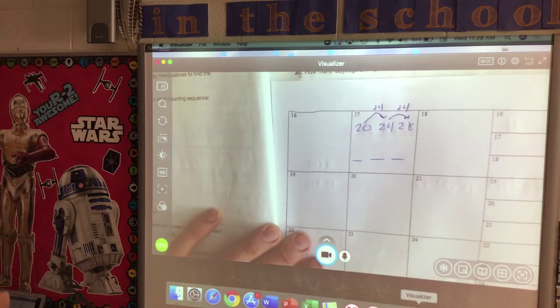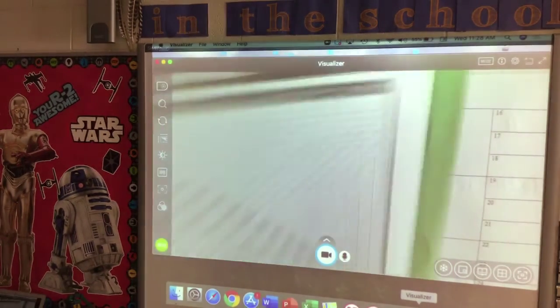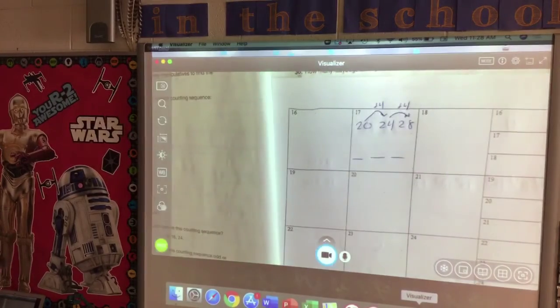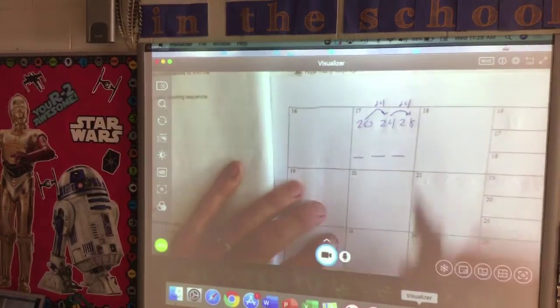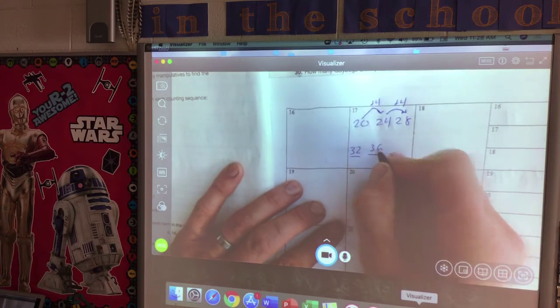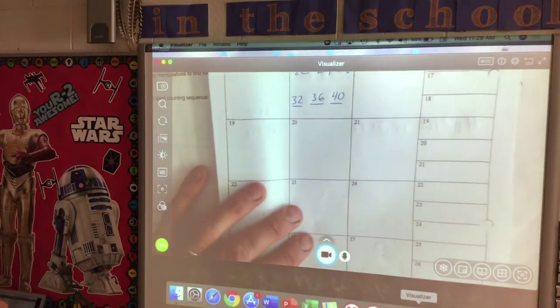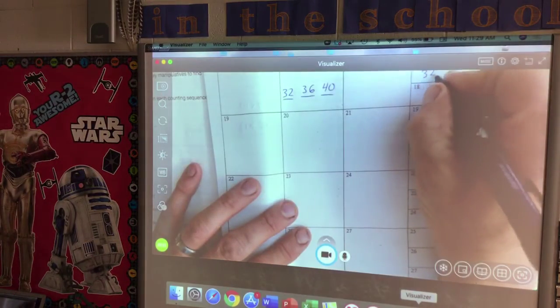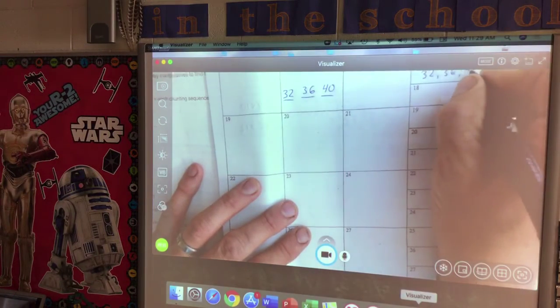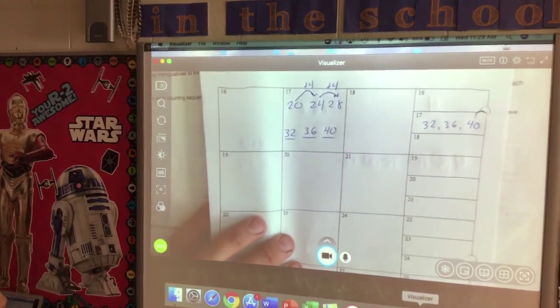So if you're looking for this in your math folder, you'd be in the 4 column. You're going up by 4. After we get to 24, 28, plus 4 is 32, 36, and 40. 32, 36, and 40. Okay.